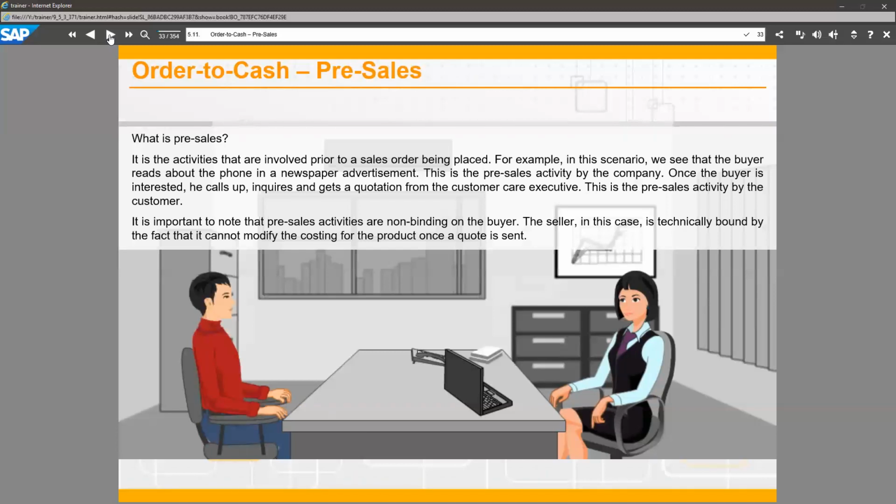Once the buyer is interested, he calls up, inquires and gets a quotation from the customer care executive. This is the pre-sales activity by the customer. It is important to note that pre-sales activities are non-binding on the buyer. The seller, in this case, is technically bound by the fact that it cannot modify the costing for the product once a quote is sent.